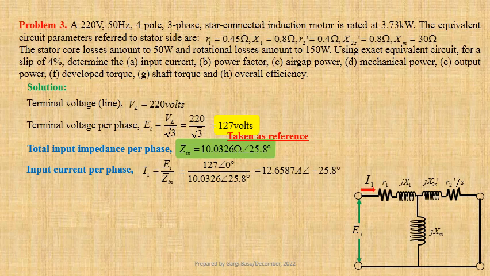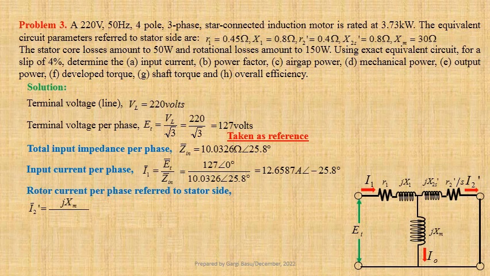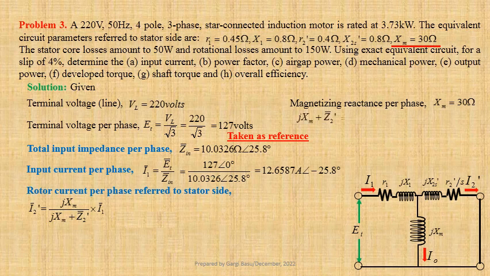Now we shall compute rotor current per phase referred to stator side. I2' equals jXm divided by jXm plus Z2' into I1. Given magnetizing reactance per phase Xm equals 30 ohm, and we have determined jXm plus Z2' equals 32.3827 ohm at an angle 72 degree.